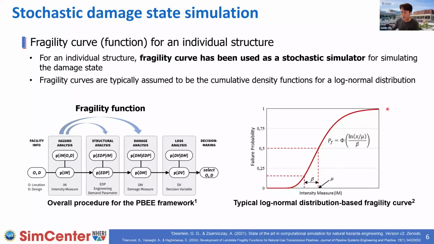When you look at a fragility curve, it takes the intensity measure, which can be seen as an earthquake scenario, as input and outputs the probability of failure.